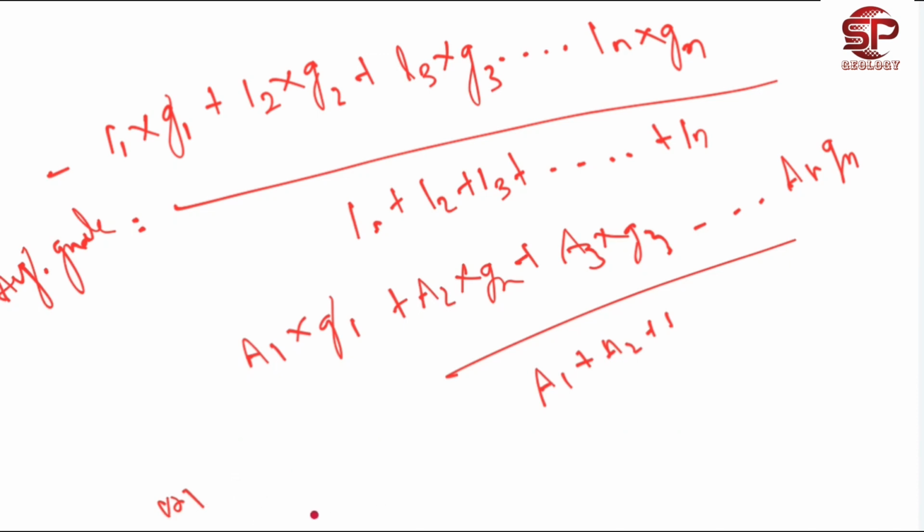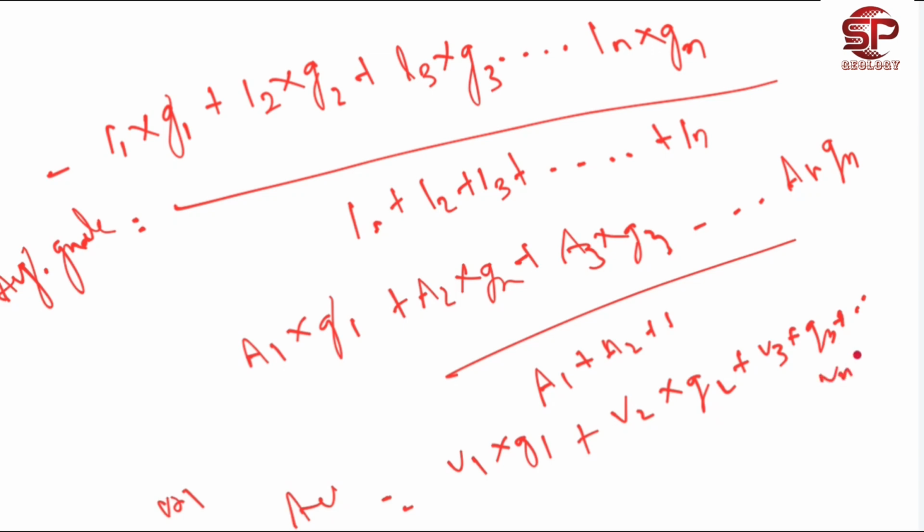If it is volume, then the average grade will be V1 into G1 plus V2 into G2 plus V3 into G3, plus Vn into Gn, divided by V1 plus V2 plus V3 plus Vn. So this is the process of calculating average grade. You are getting it, everyone?